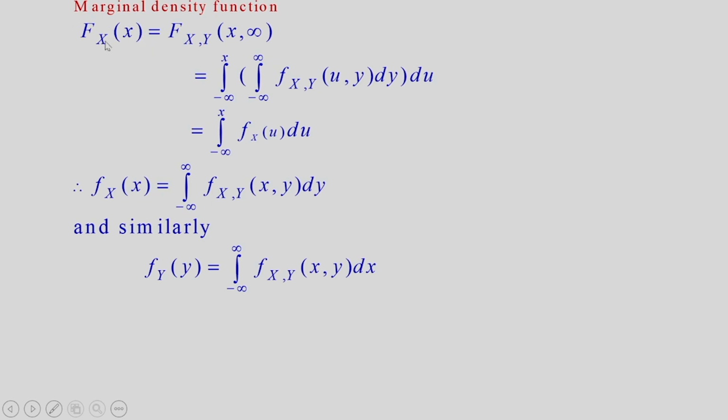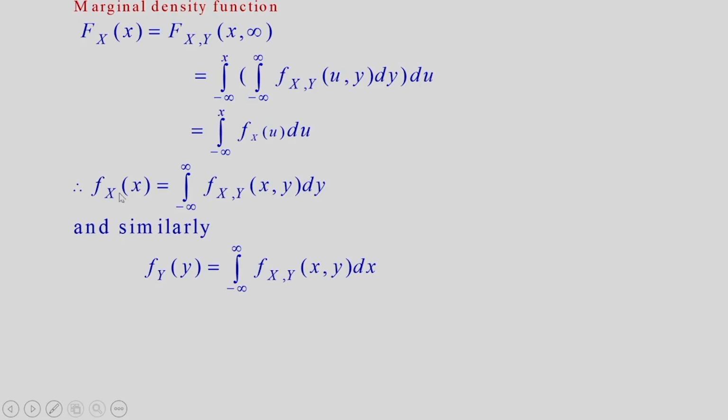Now, the CDF F_X(x) also has this expression: the integration from minus infinity to x of the PDF at point u, du. If we compare the two expressions, then the bracketed term must be equal to f_X(u). Thus, the PDF f_X(x) is given by the integration from minus infinity to infinity of the joint PDF with respect to dy.